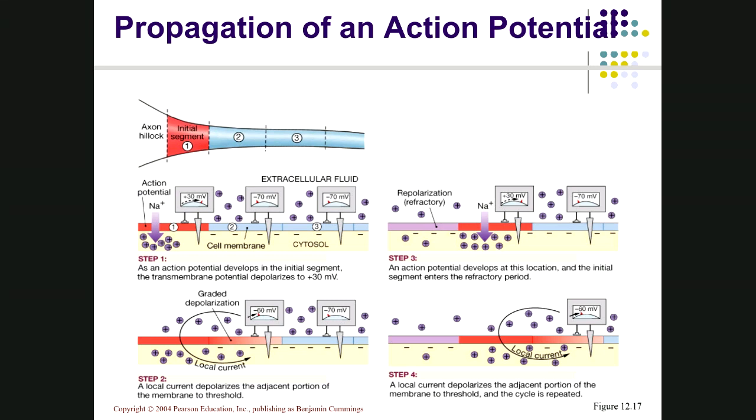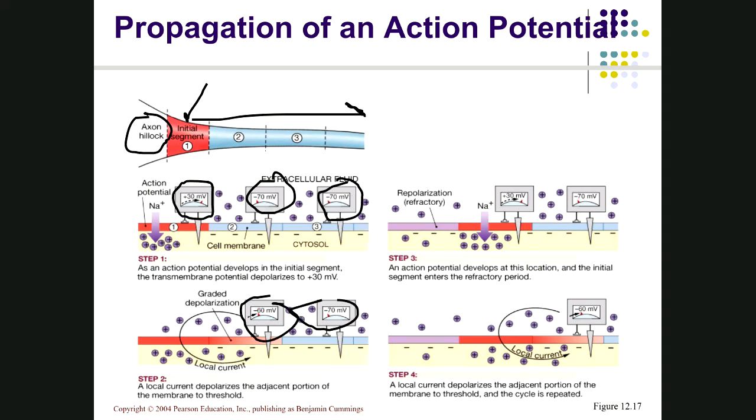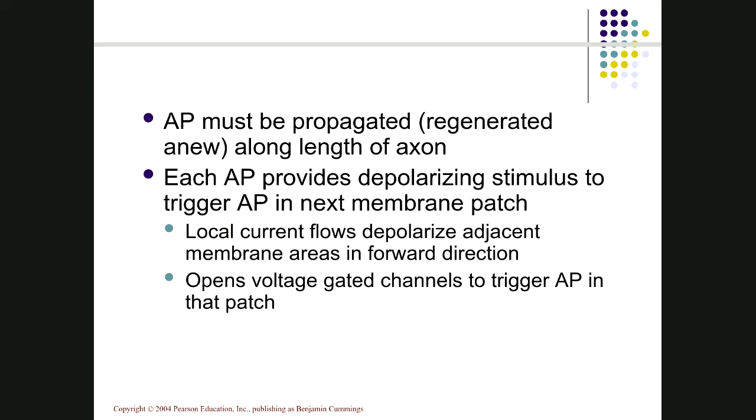It starts at the very first part of the axon, which is right here, and then it spreads. And you can watch the action potentials happen with electrical activity. You can watch it. And remember, it's because the ions are coming in and the ions are going out. And it just spreads down the whole length of the axon.